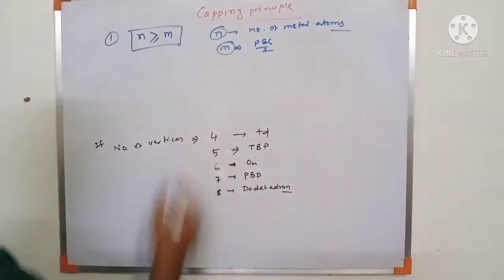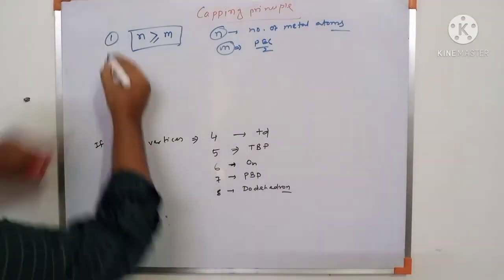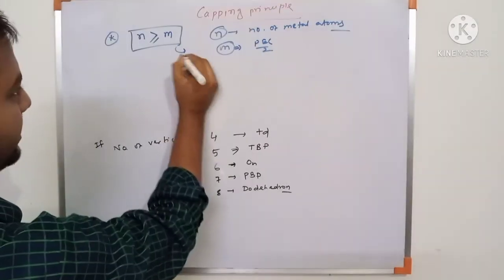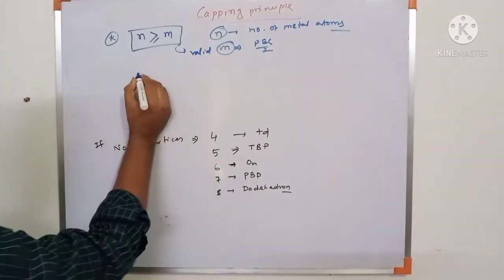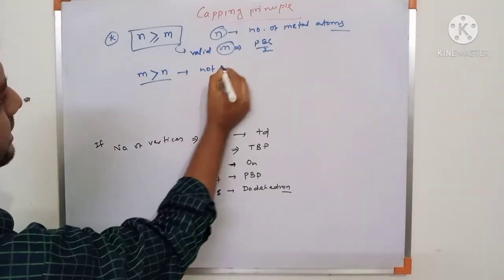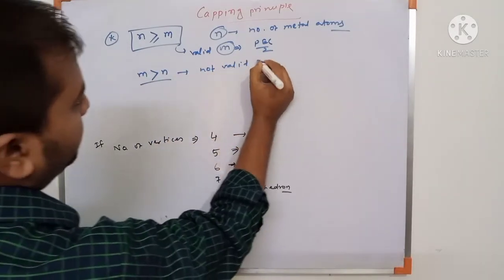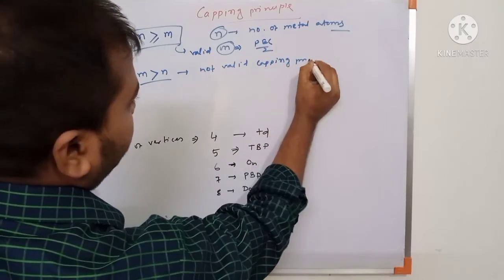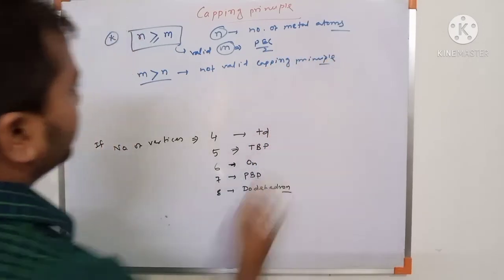This is the rule for the capping principle to be valid. If N is greater than M, this is not a valid capping principle.